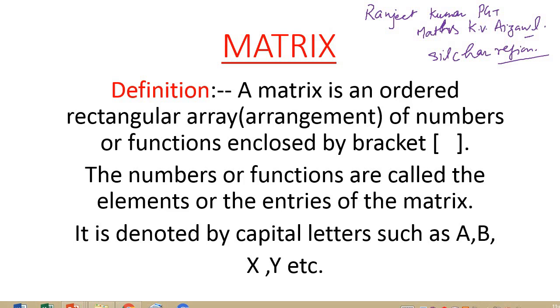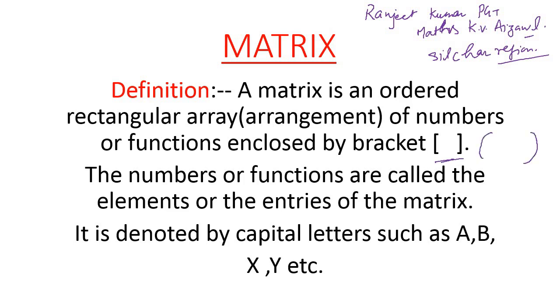Now you know the definition of matrix. A matrix is a rectangular arrangement of numbers or functions enclosed by this type of bracket. Sometimes this type of bracket is also used. You will find this type of bracket in some books, but most of the time this type of bracket is used.